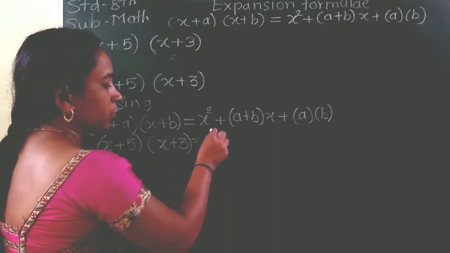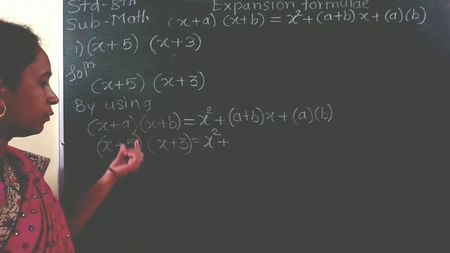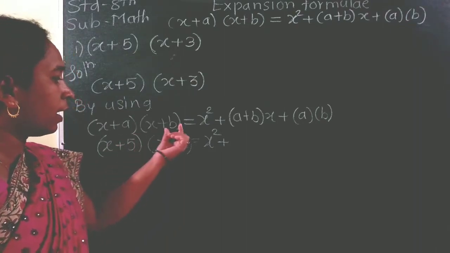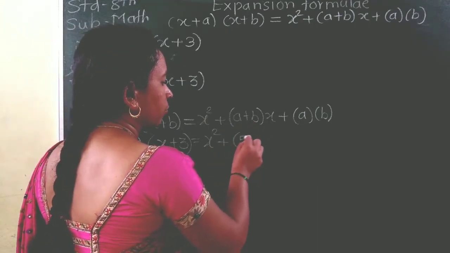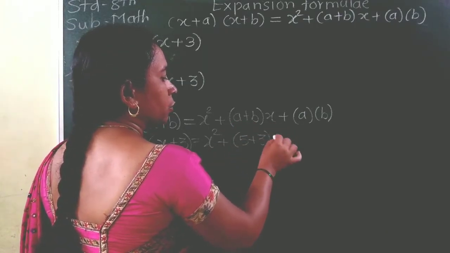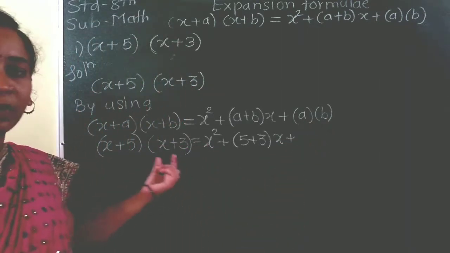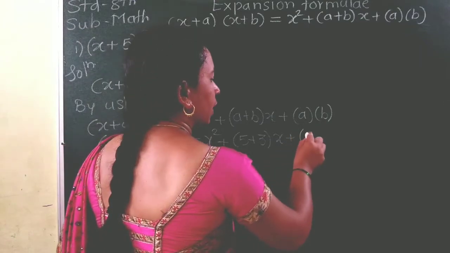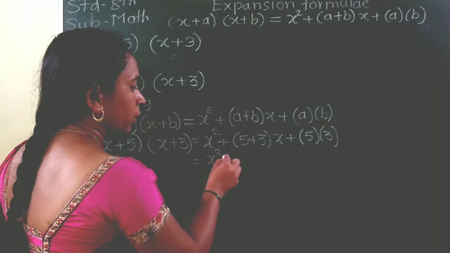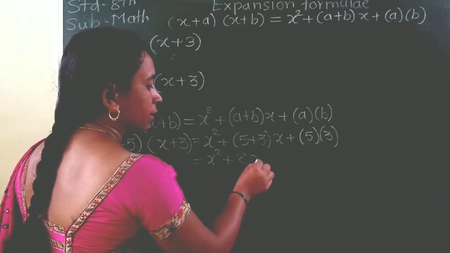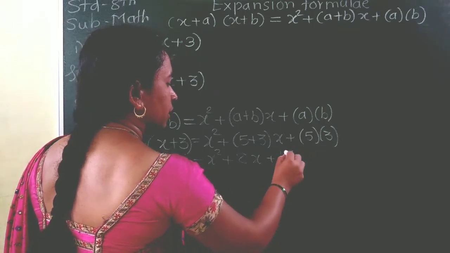So x square, the common term squared, plus (a + b): a is 5 and b is 3, so a + b means 5 + 3, into x, plus a and b replaced with 5 and 3, so 5 into 3. So what is the answer? x square plus 5 + 3, which is 8x, plus 5 multiplied by 3, which is 15.